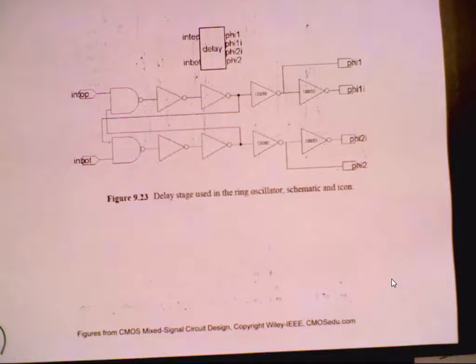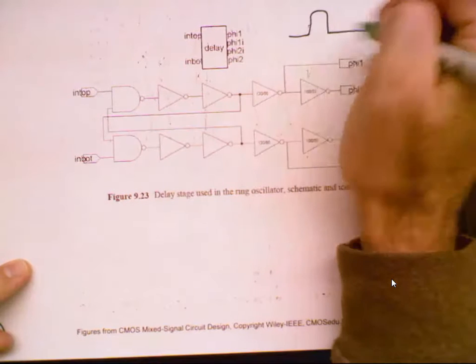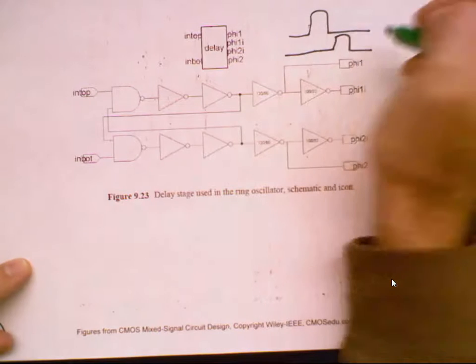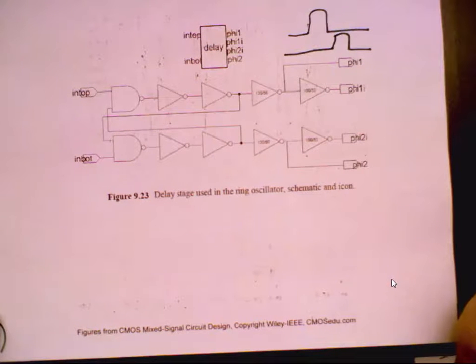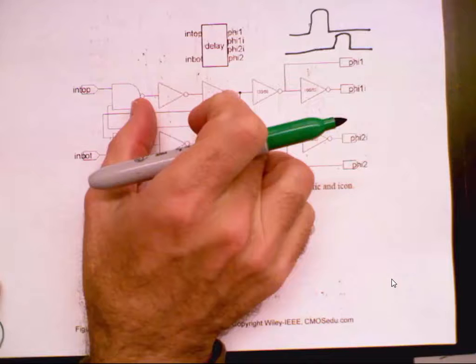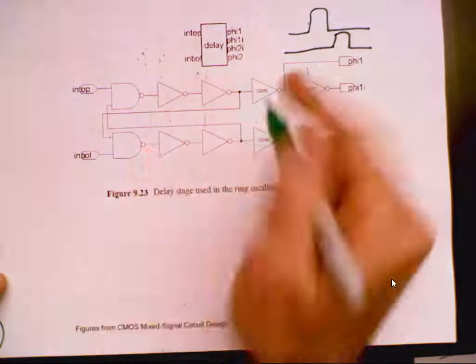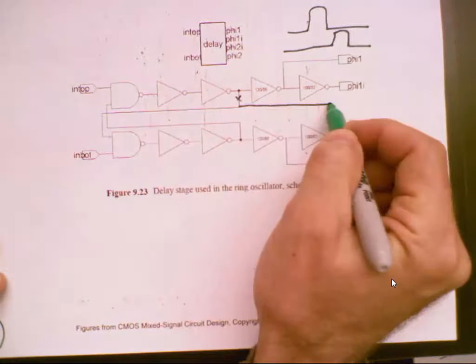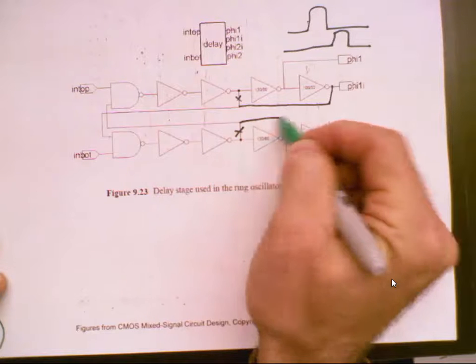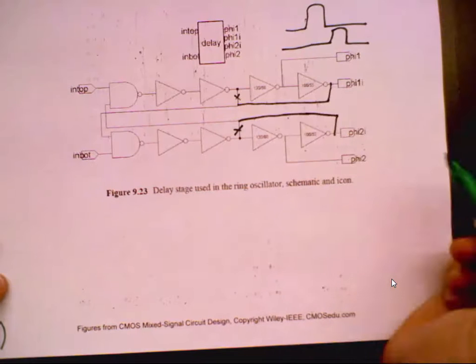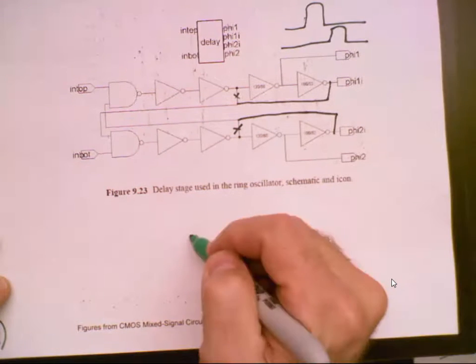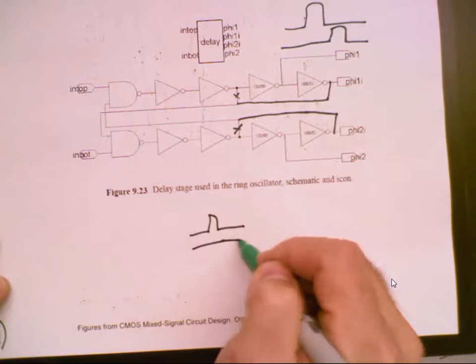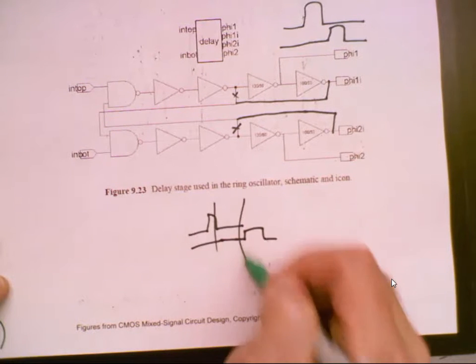How do I adjust the period between the clock signals? Yeah, I put more inverters here and here. If I move this out, let's say I did this, what would happen? It would be, instead of being like this, you get more delay between the signals.